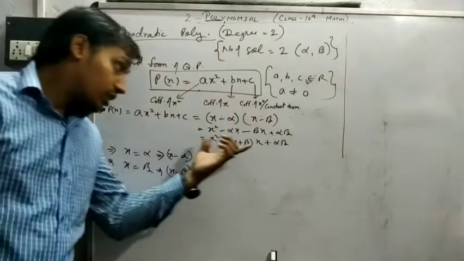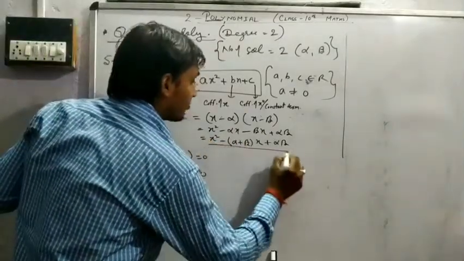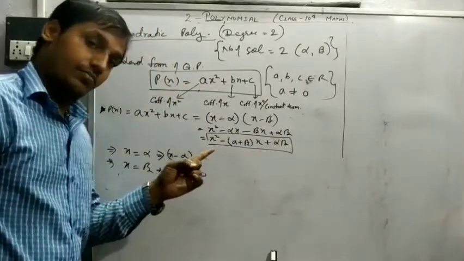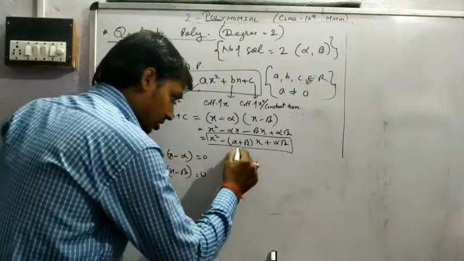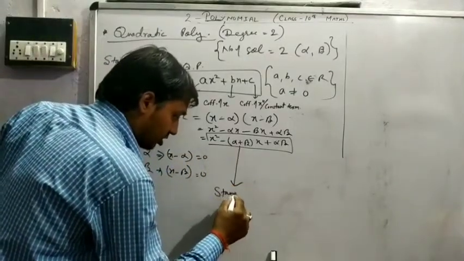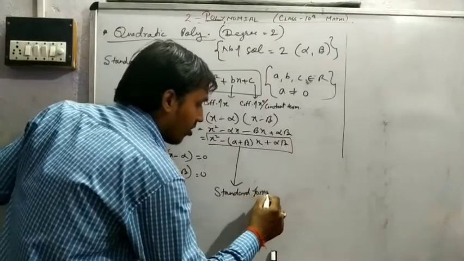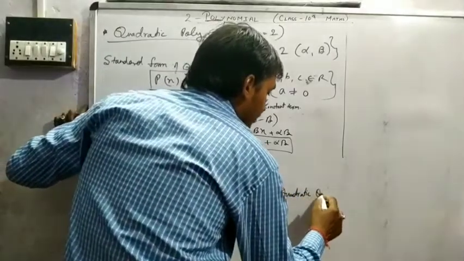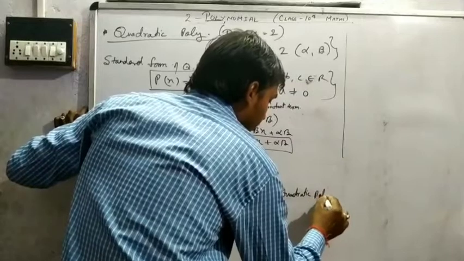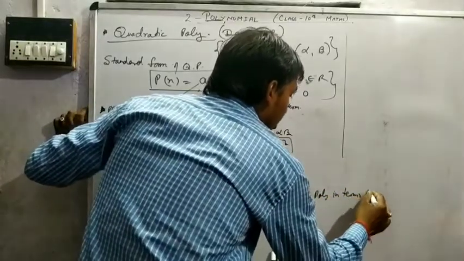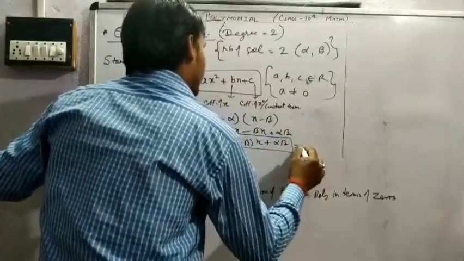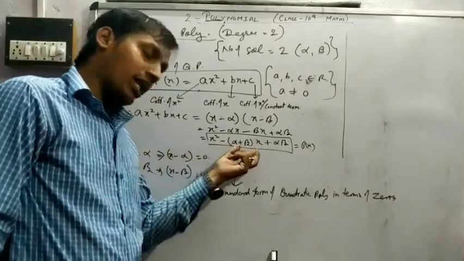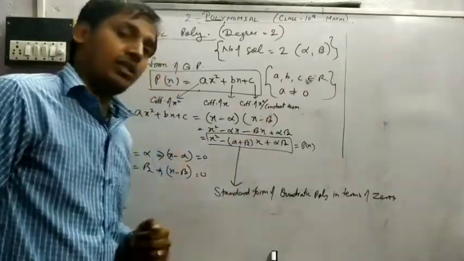So this is the standard form of quadratic polynomial in terms of zeros: p of x is equal to x square minus (alpha plus beta) x plus alpha beta.